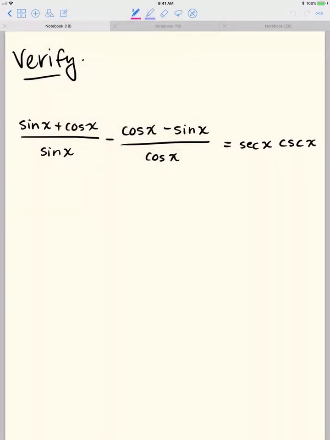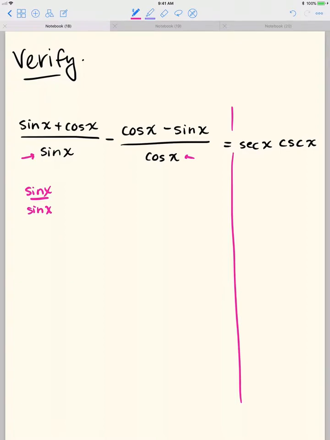So what I need to do to the left side is create a common denominator, which I do not have. You could do that. I'm not sure how the top would clean up, but since the right side is secant and cosecant, which are the reciprocals of cosine and sine, and I just have single items, I might try to split this up first, kind of going backwards from a common denominator, but I can simplify.